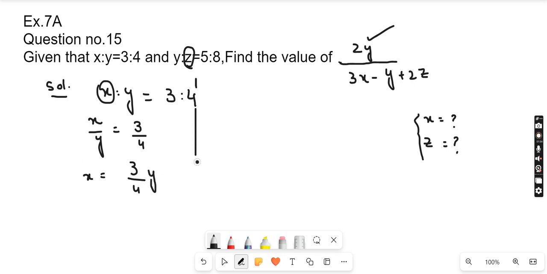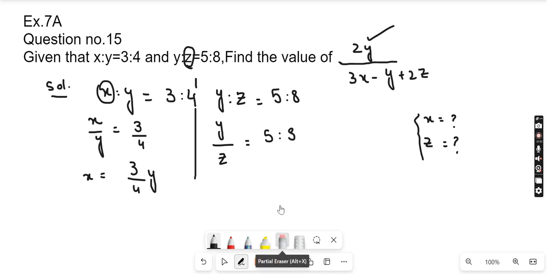Now I'm going to calculate z's value, and I will not calculate y's value. This is the easiest way which I am going to follow. y over z becomes 5 ratio 8. Sorry, 5 by 8. You are writing ratios in fraction form, as we've done in many questions with the same procedure. It's obvious you will divide by the second ratio.